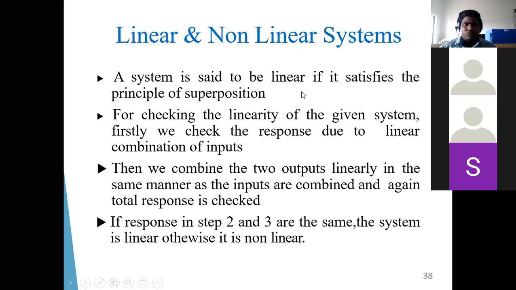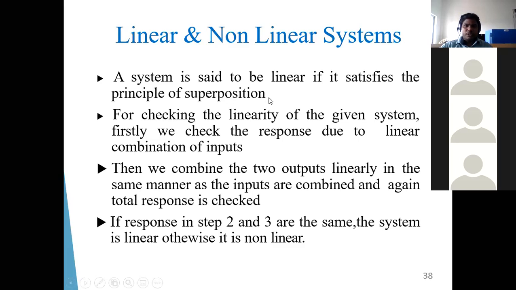So coming to linear and non-linear systems. A system is linear if it satisfies the principle of superposition. For checking the linearity of the system, firstly we have to check the response due to a linear combination of inputs.